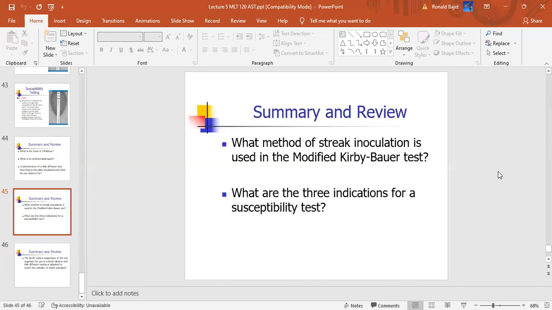What are the 3 indications for susceptibility test? Remember, I told you to memorize those 3. What's 1? Jeremy? I was hoping you'd memorize it on the spot. Okay, Lori.